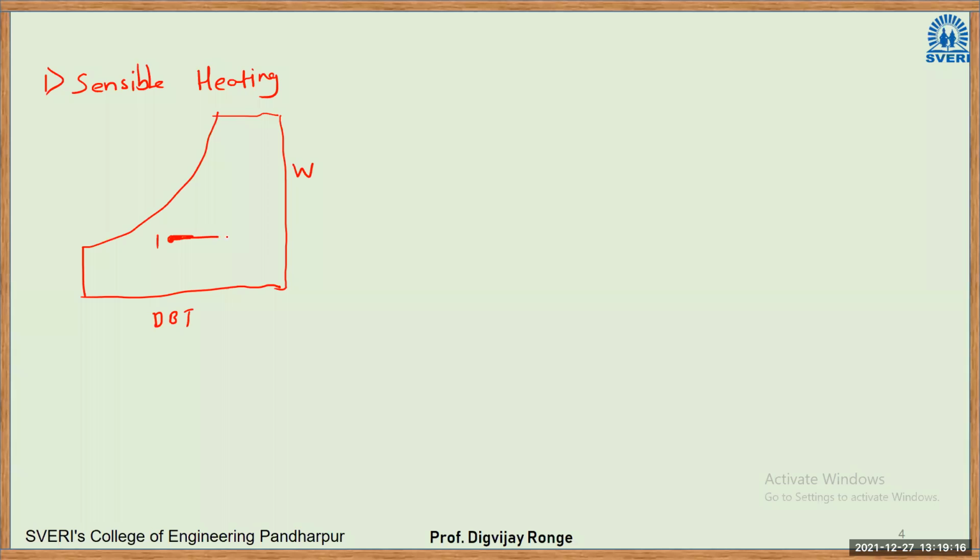Not only dry bulb temperature, I'm also increasing wet bulb temperature. So when there is only an increase in temperature, we reach point 2. This process is sensible heating. Okay. So in this case, I am not adding any moisture or reducing any moisture. So that is why the value of specific humidity in this case remains constant. Only temperature changes. Okay.